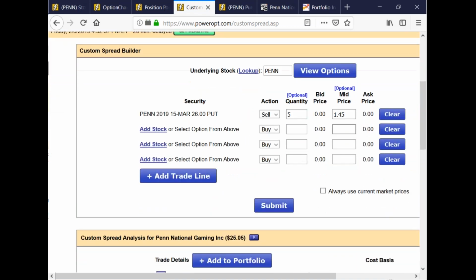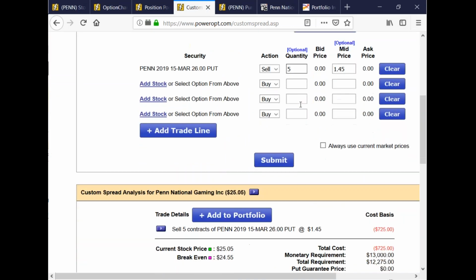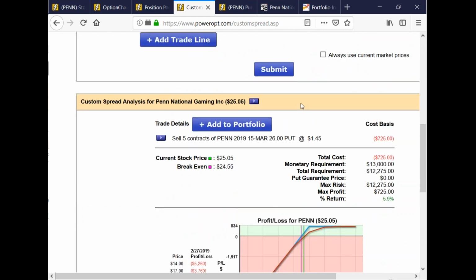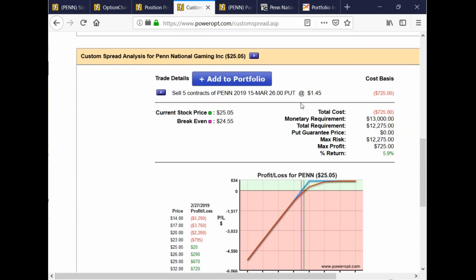Is it always a good idea to keep rolling down? Not necessarily. We talk about this with covered call investors a lot, and keep in mind this is essentially a covered call. You have a margin requirement that's equal to, if you bought the stock outright, 500 shares.